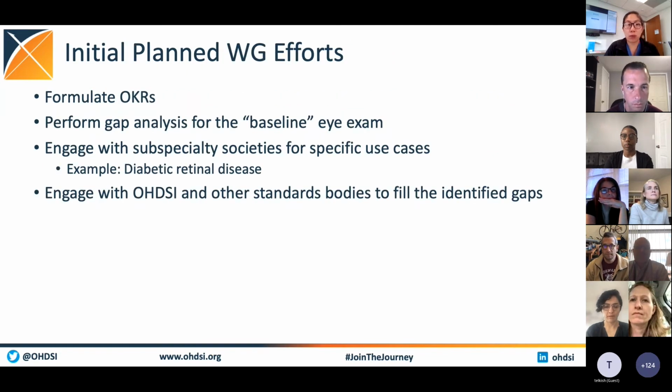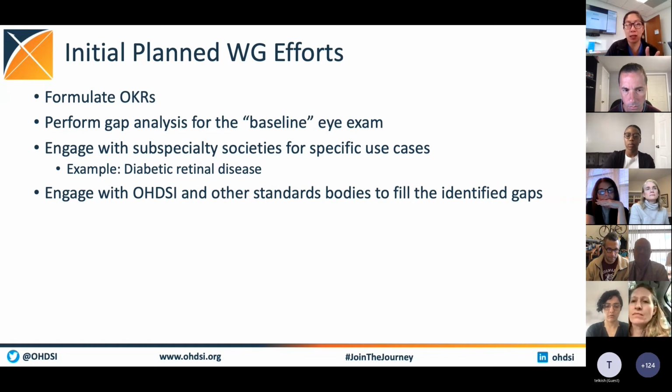So our initial planned work group efforts will be to start formulating those OKRs and trying to perform a gap analysis for the baseline eye exam. Then we are beginning to engage with some subspecialty societies and special working groups around specific use cases. One of particular interest: we already had a group reach out about developing a data model for diabetic retinal disease and updated staging for that.